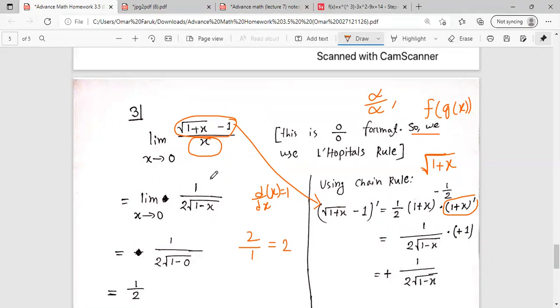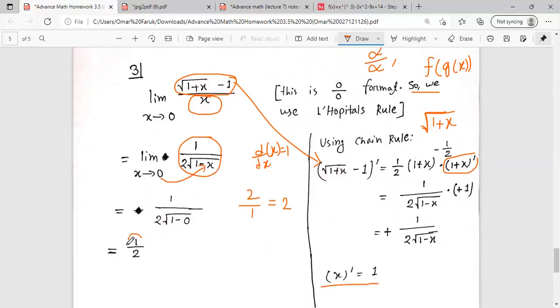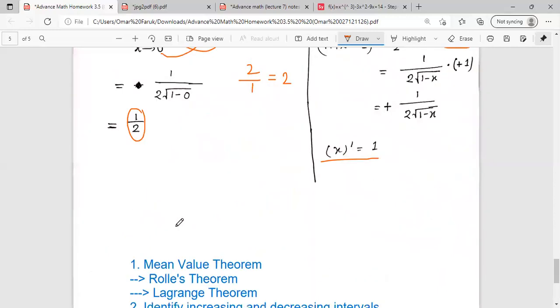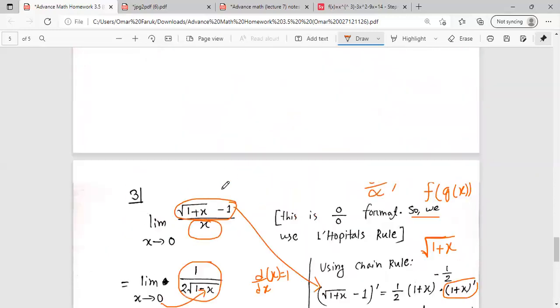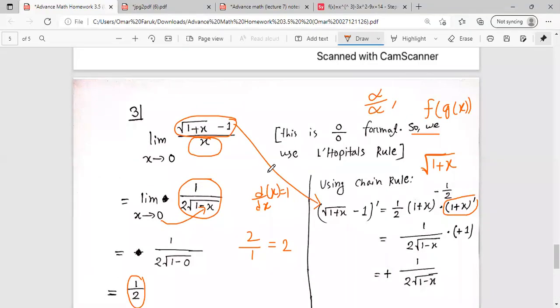So we just keep it this way. Now plug in the value: root over 1 minus 0, and root over 1 is 1. So finally we find 1 by 2. So this is the solution of our homework.